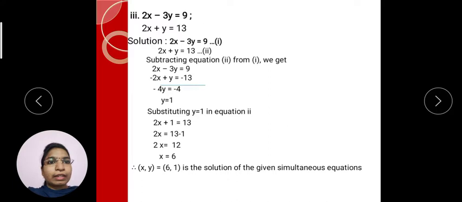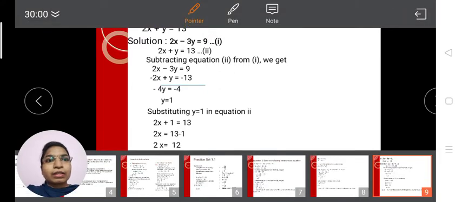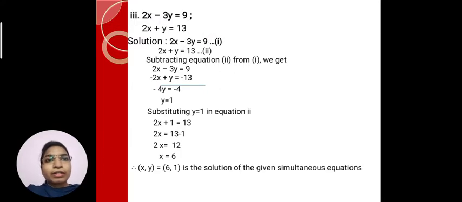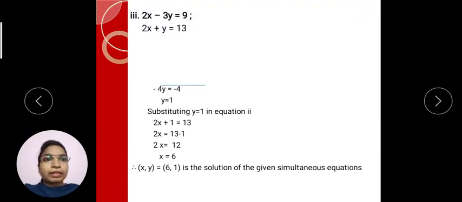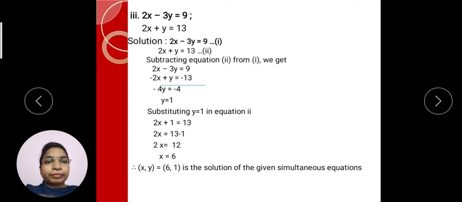How to solve the simultaneous equation. Now see students, this one is question number 3: 2x minus 3y is equal to 9, and 2x plus y is equal to 13. These are the two equations.